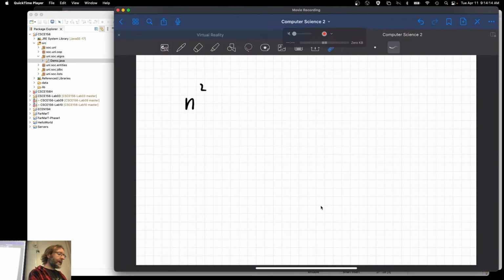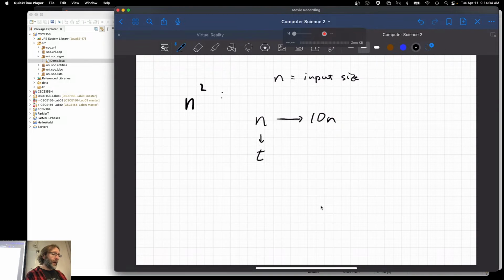Let's think about this in terms of algebra. This n is my input size. This is the size of the array. If I go from n to 10n, say, then what's the behavior of my time? If it took time t on an array of size n, what time does it take now?